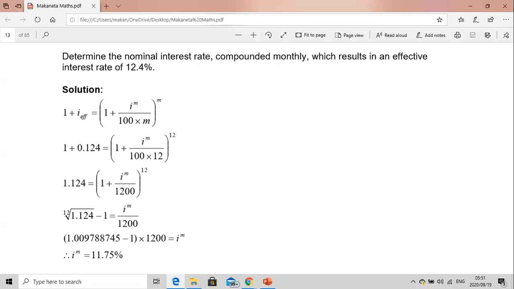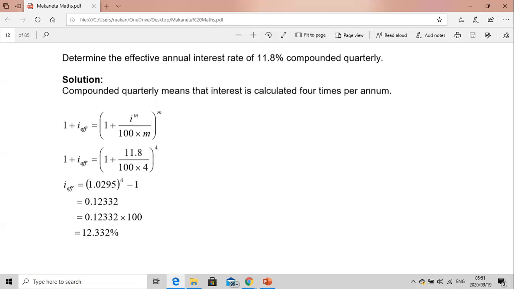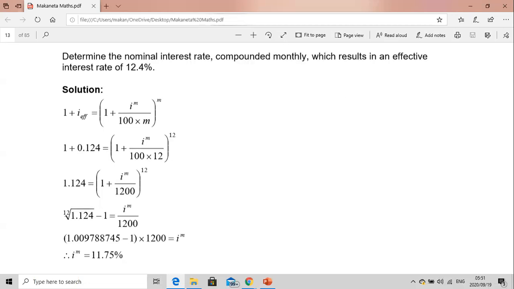And even if you were to go back to the previous example, once again, you will see that the nominal interest rate here is less than the effective annual interest rate. I think this is the comparison that we need to make at all times, as and when we calculate the unknown, be it the nominal or the effective interest rate.